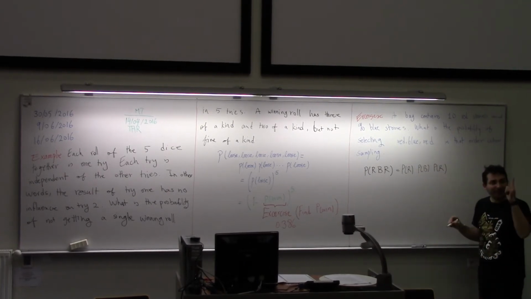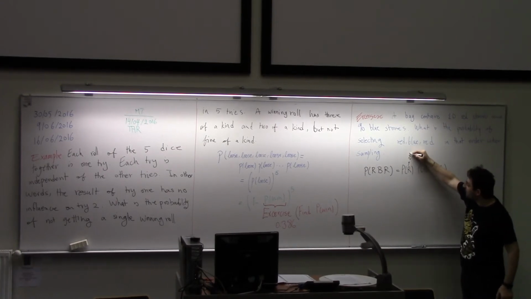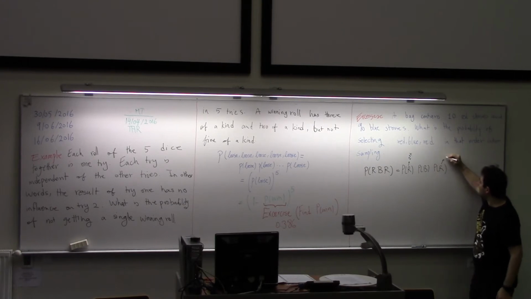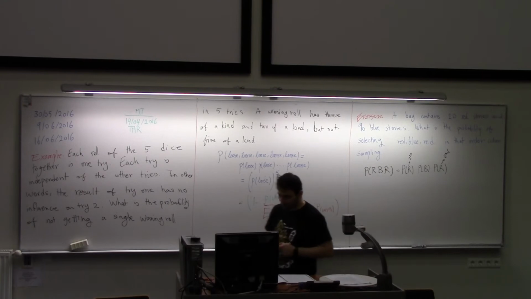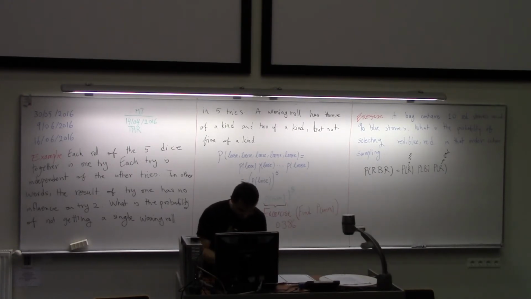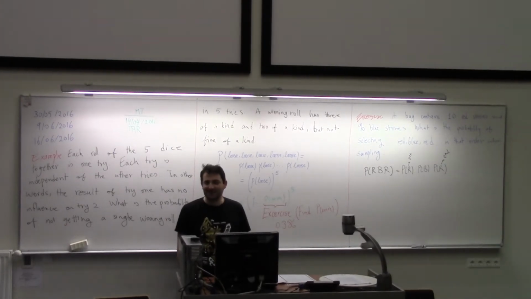But we have to be careful about something. This is the probability of first one red. This is the probability of second red. So you have to keep this in your mind.